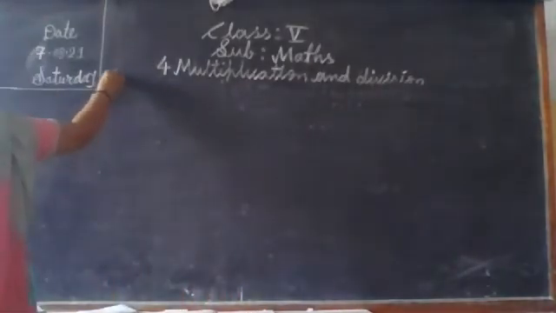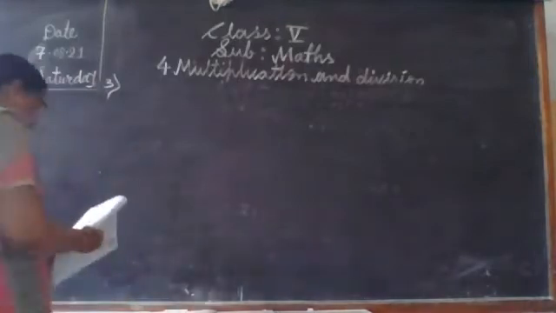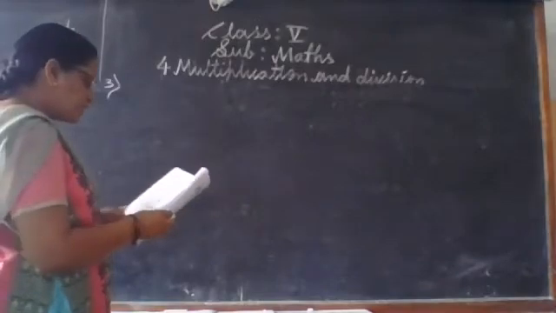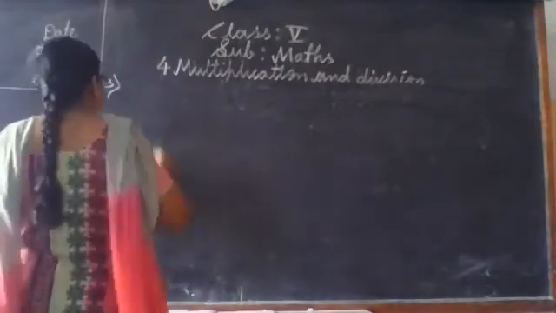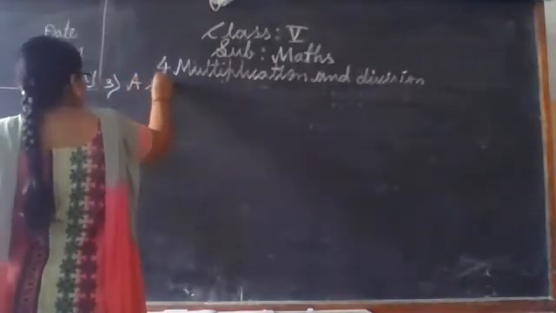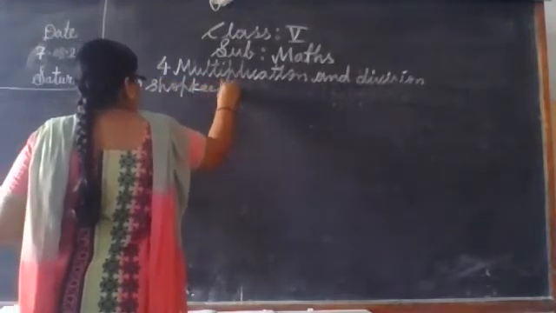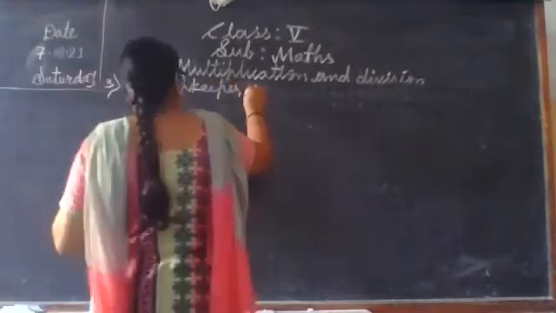Question number 3. A shopkeeper bought a sack of 50 kg of sugar for rupees 1,750.